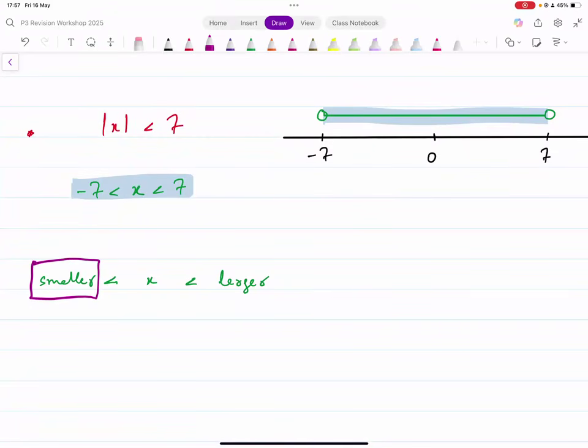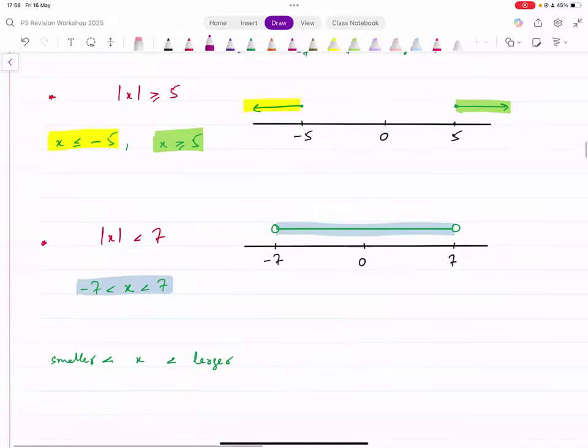Smaller number on the left side, larger number on the right side, and in the middle you've got x, and you have less than or less than equal to signs, depending on what the original inequality has. That's what the format would be whenever you write something as a single inequality.